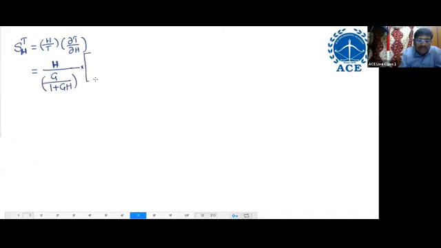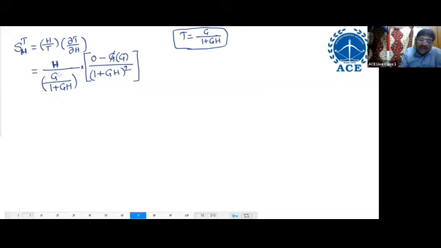So find dou T by dou H. If you differentiate G, it becomes 0, minus G into the derivative of the denominator with respect to H: 1 becomes 0, and GH becomes G. Again you will get G divided by 1 plus GH whole square.